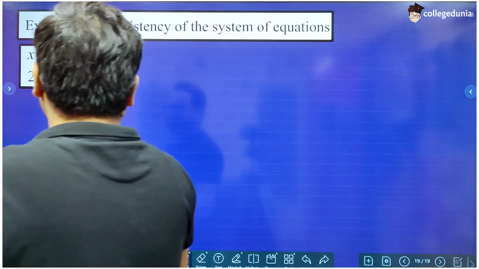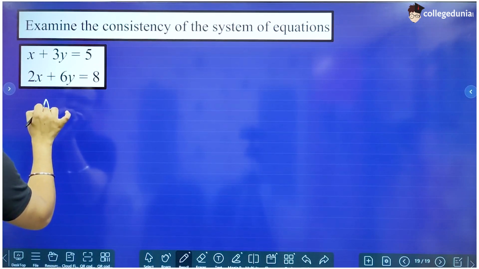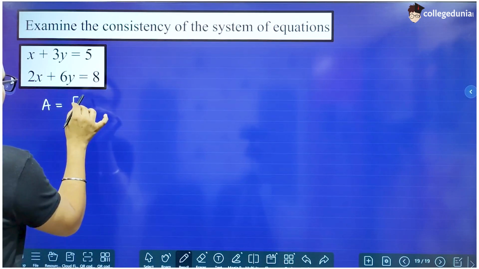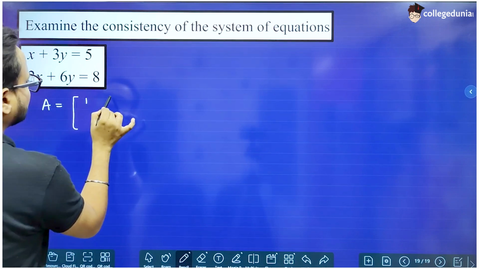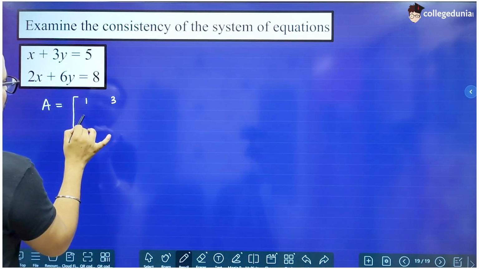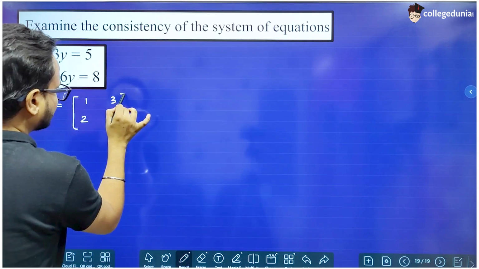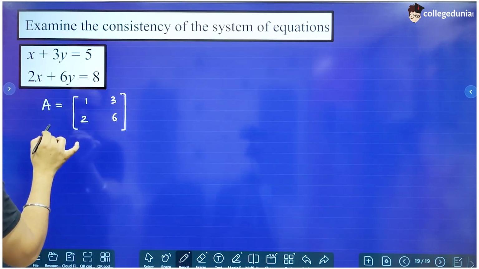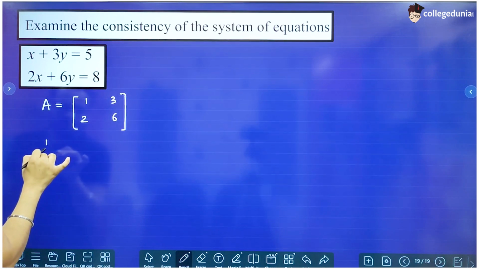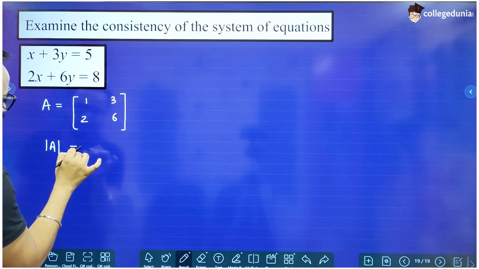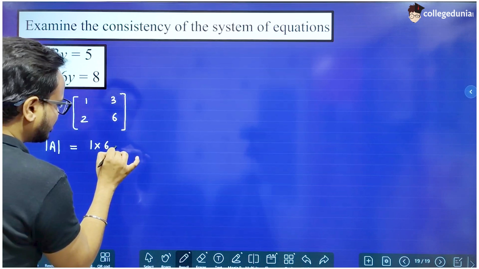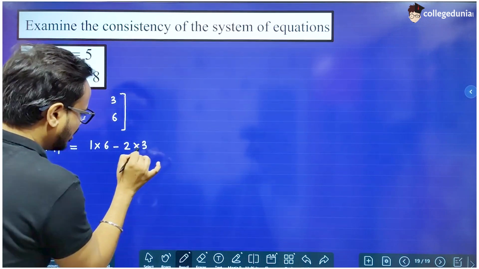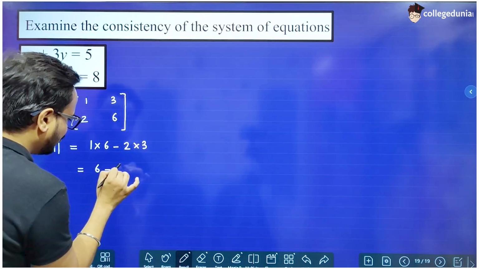Let's see this. If we make this matrix 1, 3, 2 and 6, we can find the determinant value, which is 1 into 6 minus 2 into 3. 1 into 6 is 6, 2 into 3 is 6.